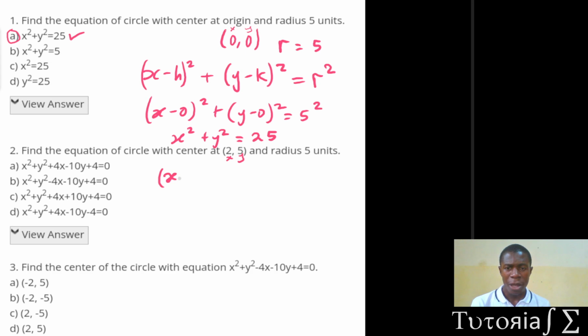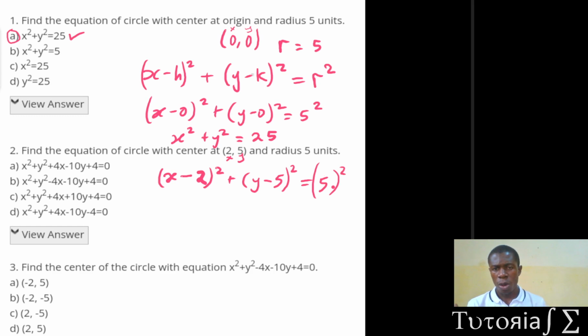So that will be x minus 2 squared, sorry, the ordinate of x is 2, so x minus 2, plus y minus the ordinate for y, that is 5, squared is equal to the radius squared, and the radius is 5 units. So that would be 5 squared.